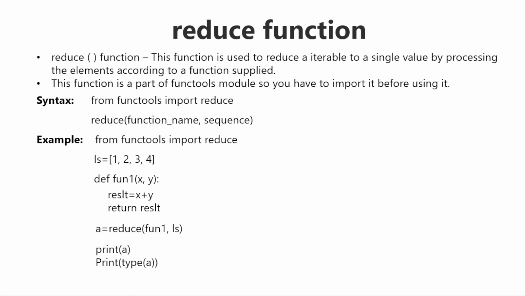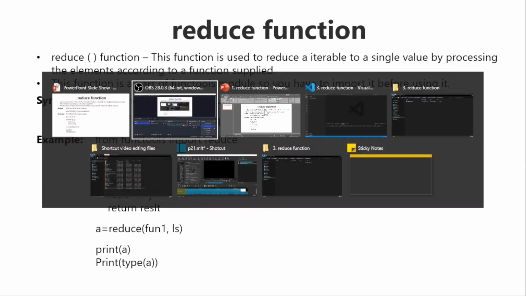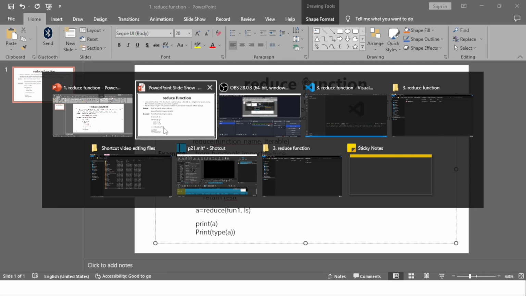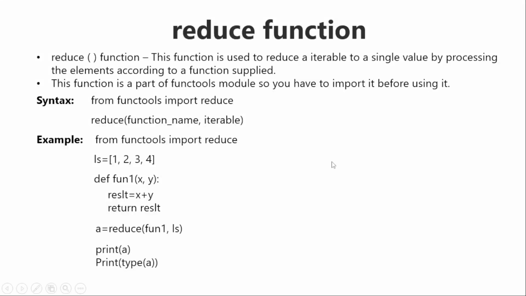In the syntax, I have clearly mentioned how you need to import the module. From functools import reduce. Here functools is the module, and we are importing a function called reduce.